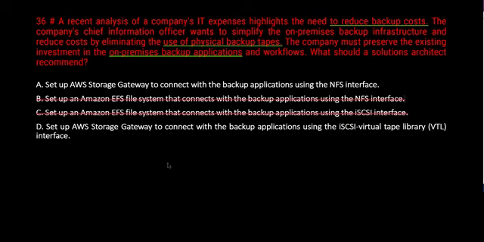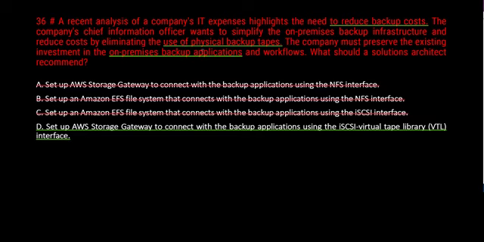That being said, we have two types, and we already discussed this. Tapes only support the iSCSI virtual tape interface. They don't support NFS, so you can cross that out. So we don't even have to look at anything else. Got it? So this is how you should eliminate others and answer this.